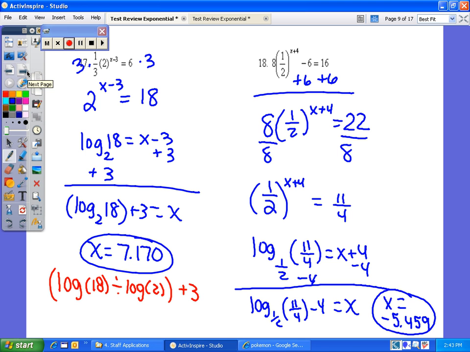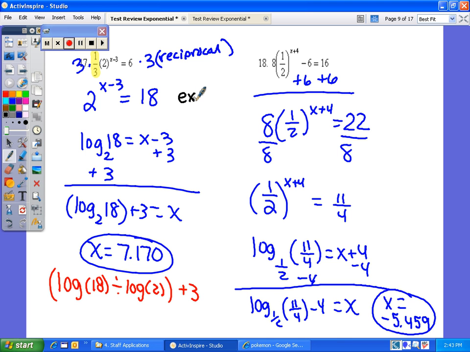Alright, the next one you had a 1/3 in the front, and I wanted to get rid of 1/3. The way to do that is to multiply both sides by 3, which is called the reciprocal. So now here we're left with 2 to the x minus 3 equals 18.